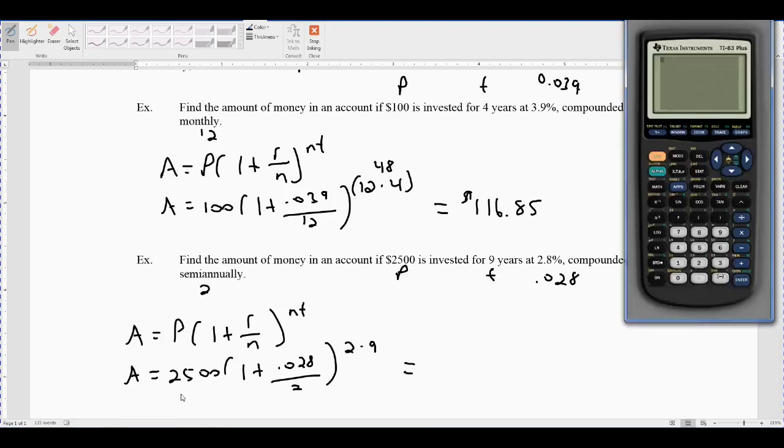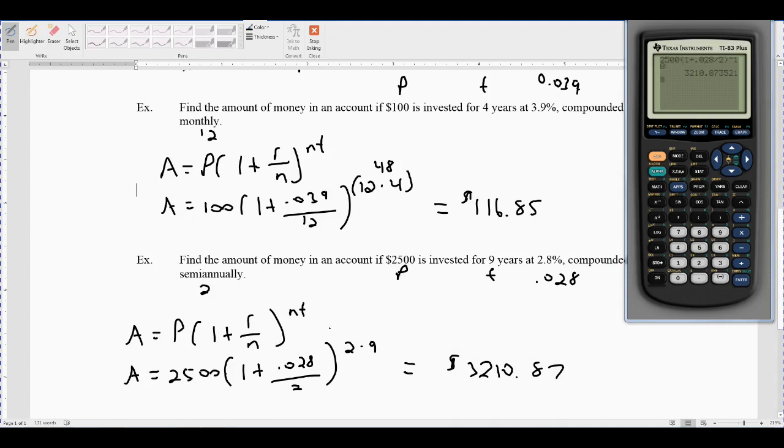Take out your calculator. See what happens. 2,500, parentheses, 1 plus 0.028 divided by 2, raised to, if you want to go ahead and just do the 18, that's fine. It's even easier in this case. And we get 3210.87.